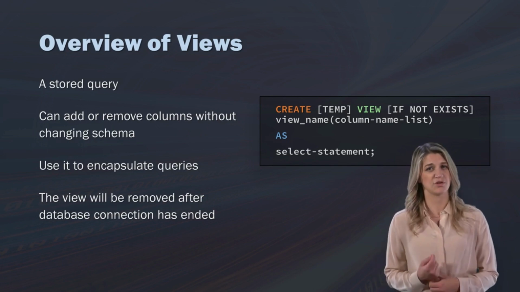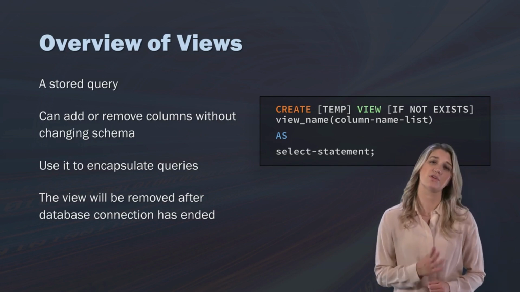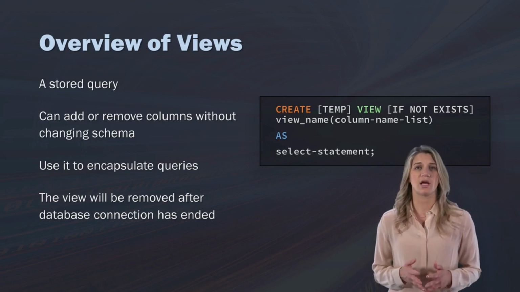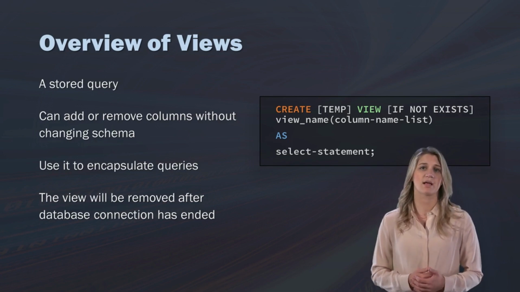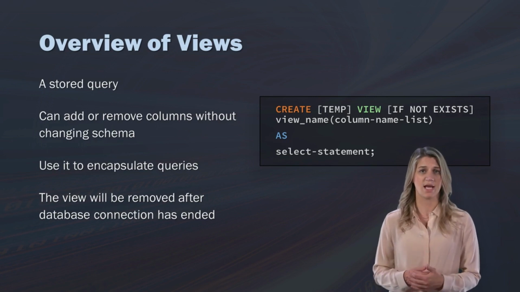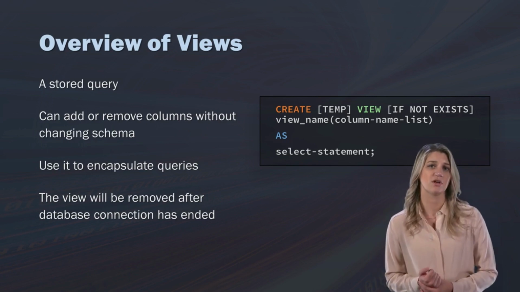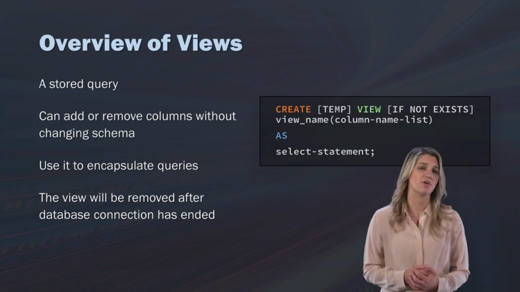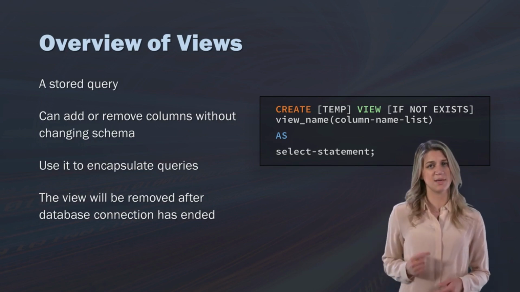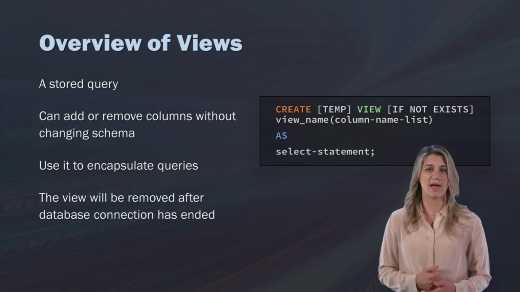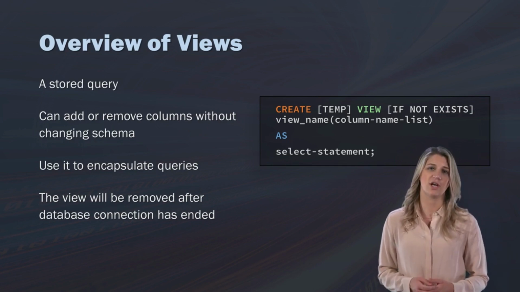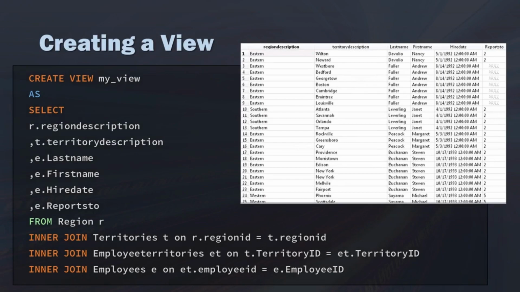It's only stored for the duration of a session. So if you save the query and then come back the next day and start a new session, and you're having errors in your queries, it's probably because you didn't create that view again. So just keep this in mind. It will save you some headaches and time in the long run, but a view won't be a permanent fixture in your SQL code.